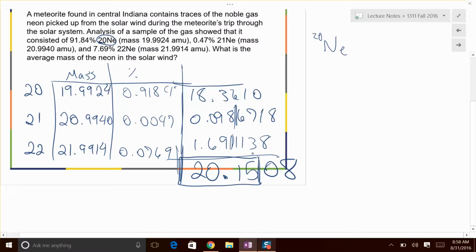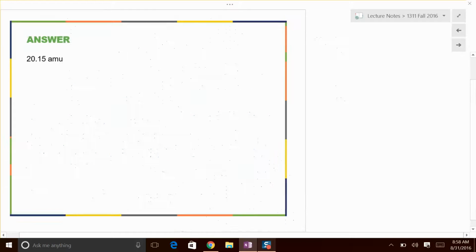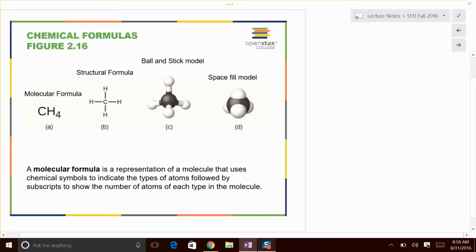Okay. There it is. 20.15. We did it right. Okay, so that's how we do average atomic masses. You'll have some of those on your homework.